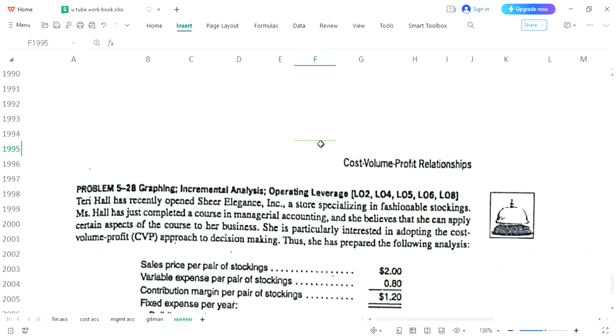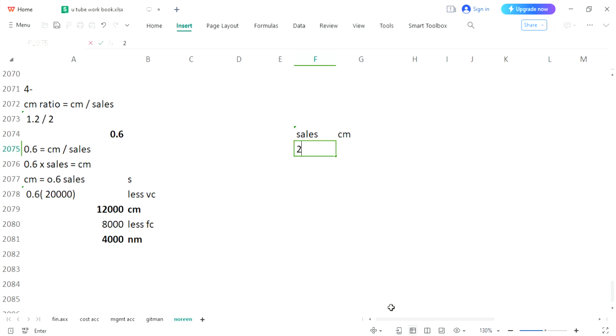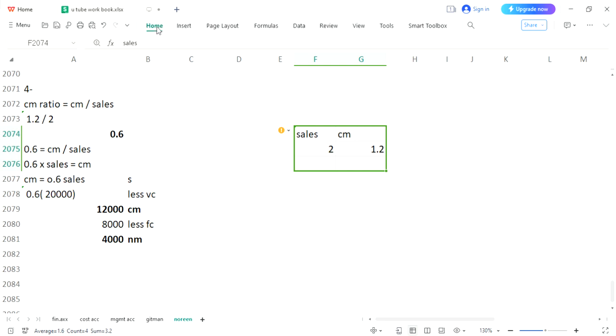You can see that your sale is 2, contribution margin is 1.2. Sale 2, contribution margin 1.2. So this was a relationship between sales and contribution margin.